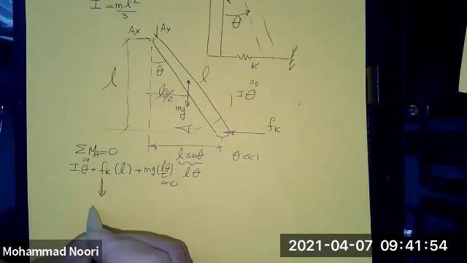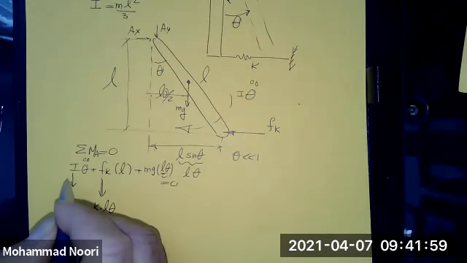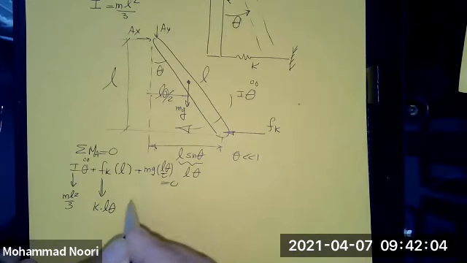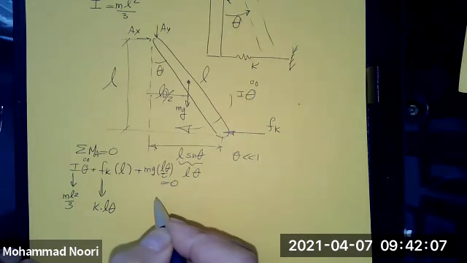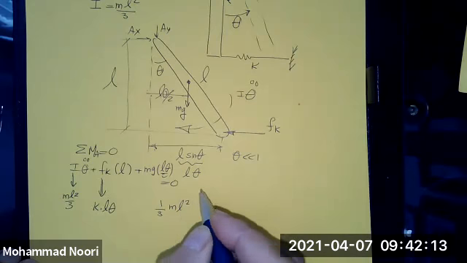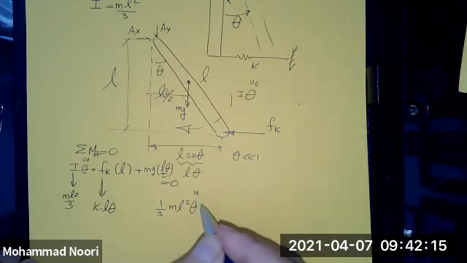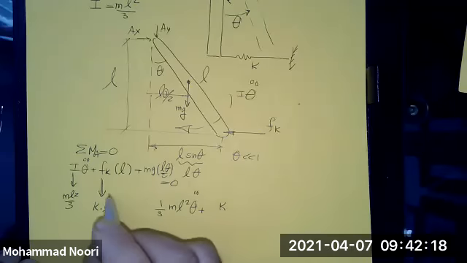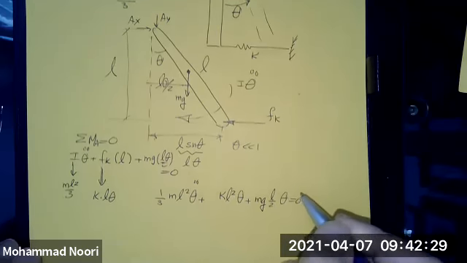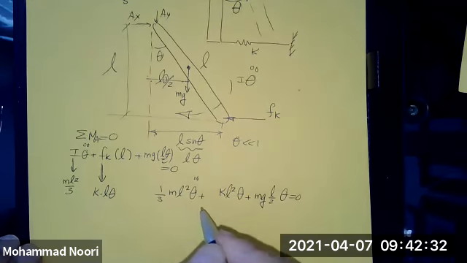What is F of k? F of k would be k times L theta. And what was I? I was mL squared over 3. So substitute for all of these in this equation. I get 1/3 mL squared theta double dot plus kL squared theta plus mgL over 2 theta is equal to 0, or let me sum these up.